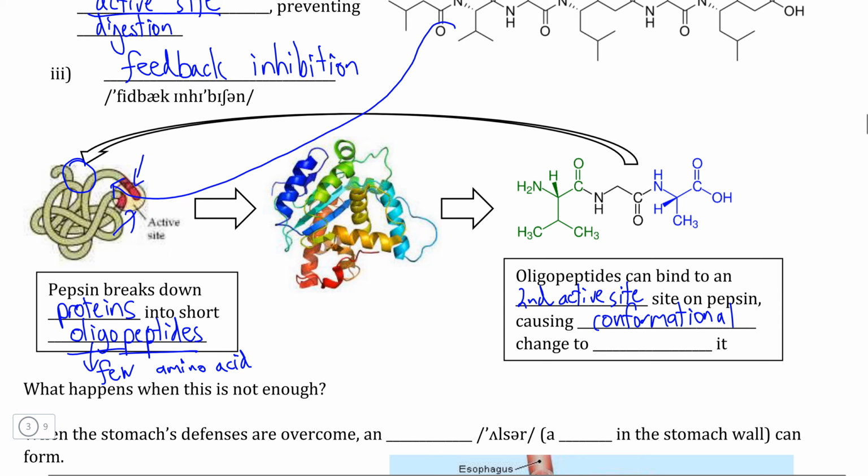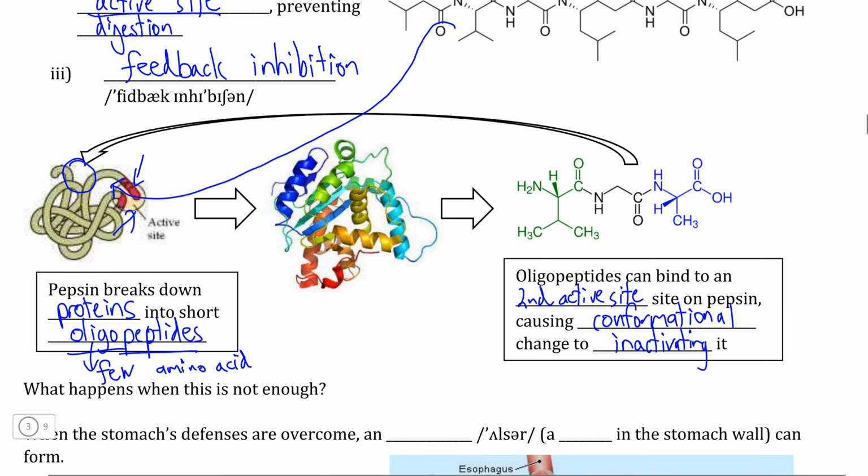And when the conformation of pepsin changes, the active site of pepsin closes, and therefore this causes pepsin to inactivate itself as long as there are large amounts of oligopeptides floating around, meaning that pepsin has been doing its job for a significant amount of time.